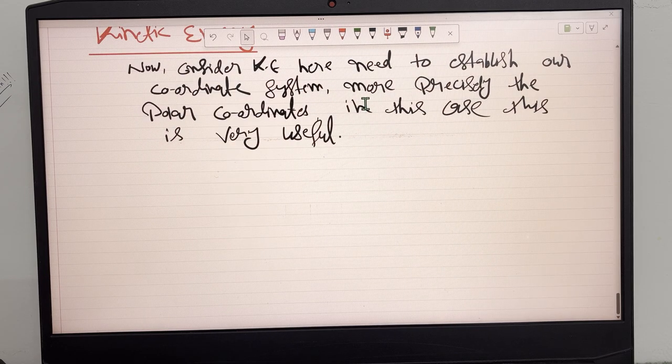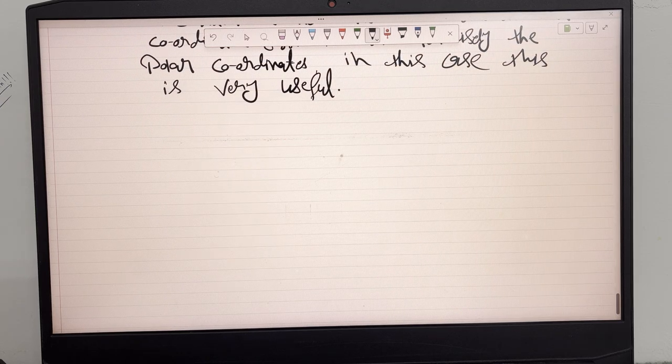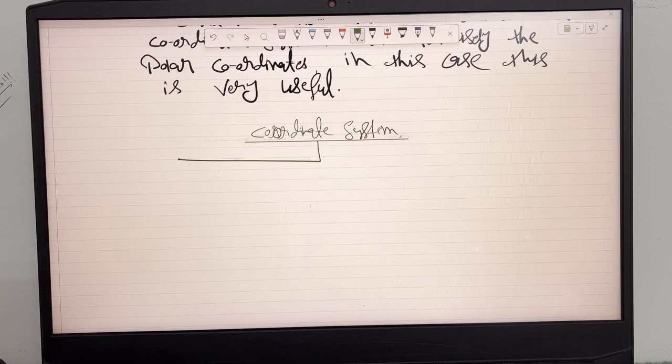Now let me tell you what polar coordinates are. Let me bring you back to childhood. We have studied the coordinate system up to 11th or 12th standard, right? There are basically three types of coordinate system that exist, as far as we have discovered.